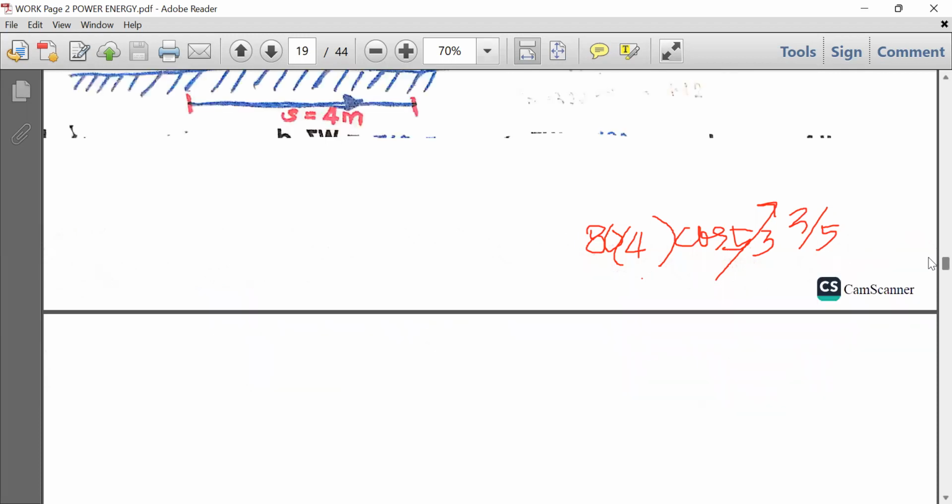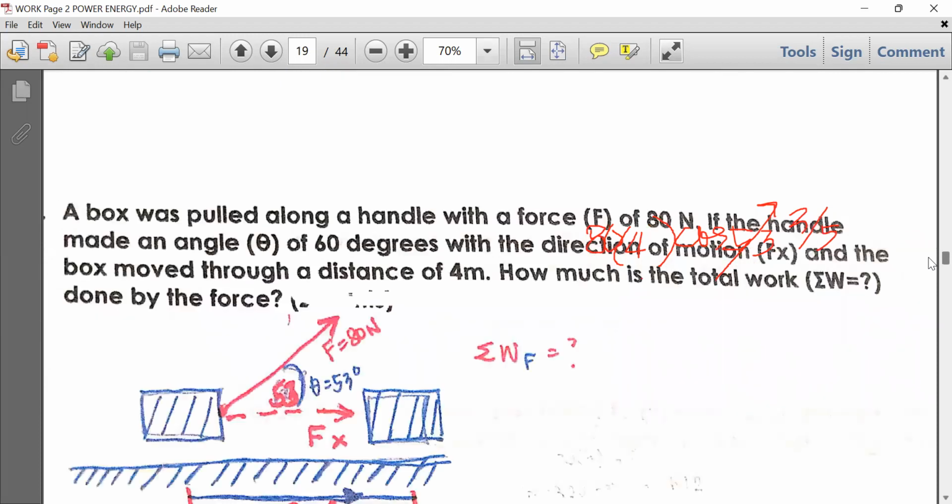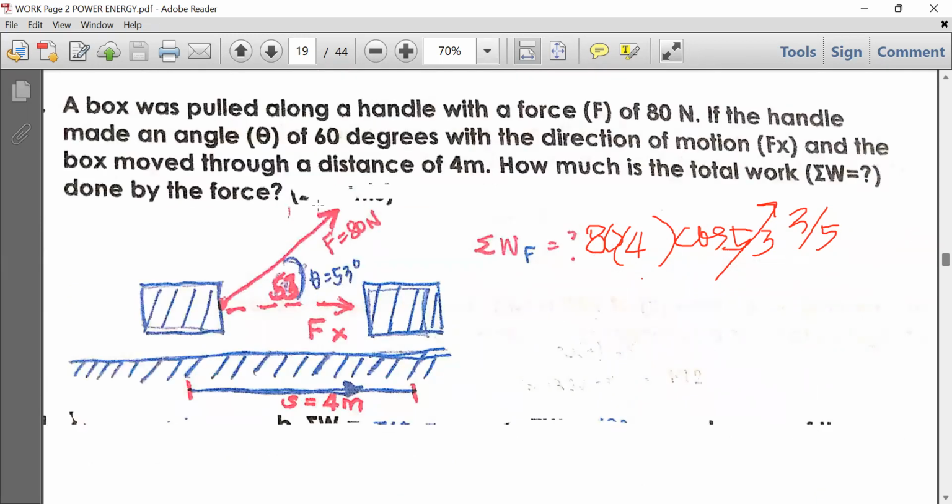So let's go back to that problem. Let's solve for the work done. So if this is 3 over 5, then this is 320 times 3 over 5.